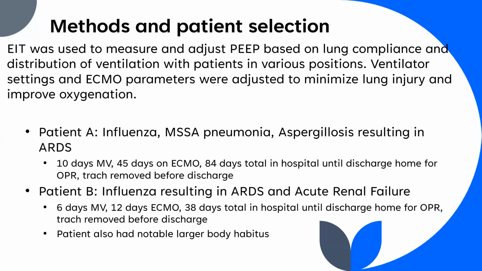I know oftentimes a higher BMI can be a barrier to us placing patients on ECMO, but thankfully our team did not have any issues with placing this patient on ECMO, and the patient was able to successfully wean off ECMO, and I know they continue to thrive as well.